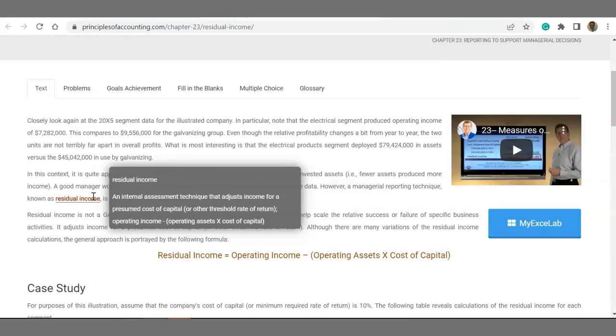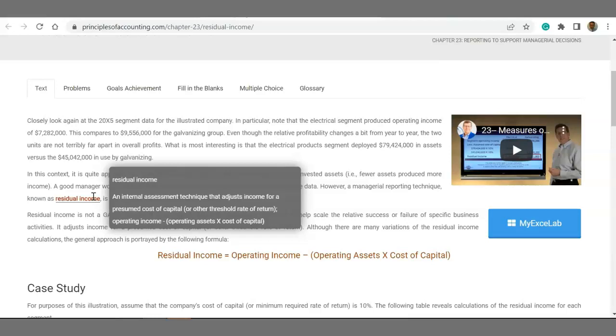When you have those assets in your operation, you want to create a little bit more income than the actual cost of capital. So any operating income above cost of capital will become residual income.